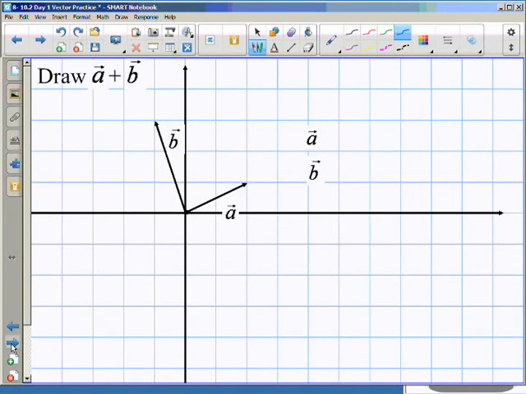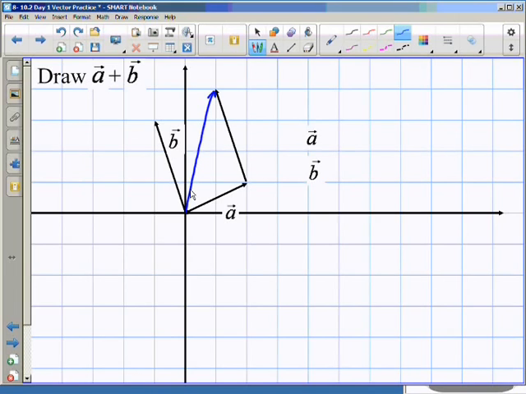Let's get into more of what you saw yesterday with adding vectors. When you did this problem, you can obviously do it visually. You take the vector B, add it on the tail to the tip of A, and you get a vector visually that looks like this.